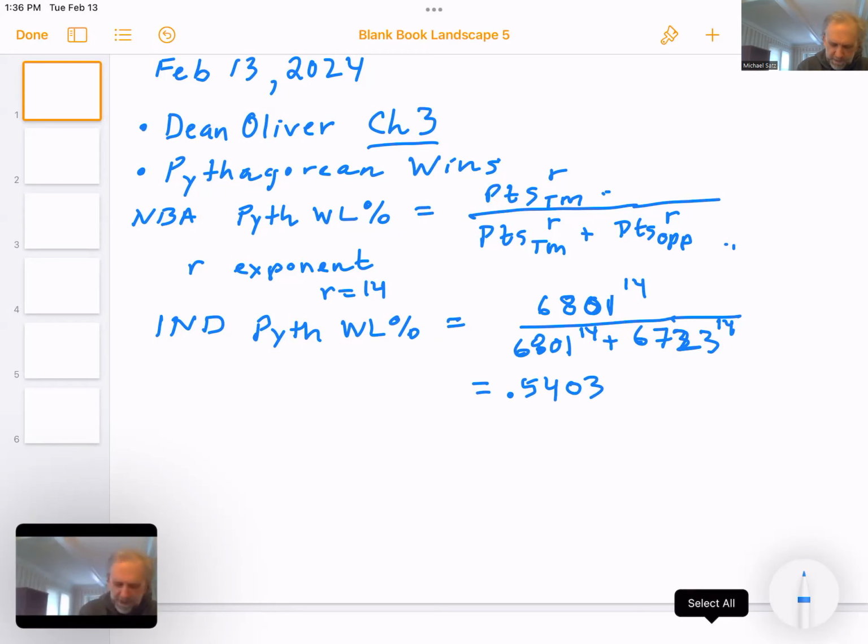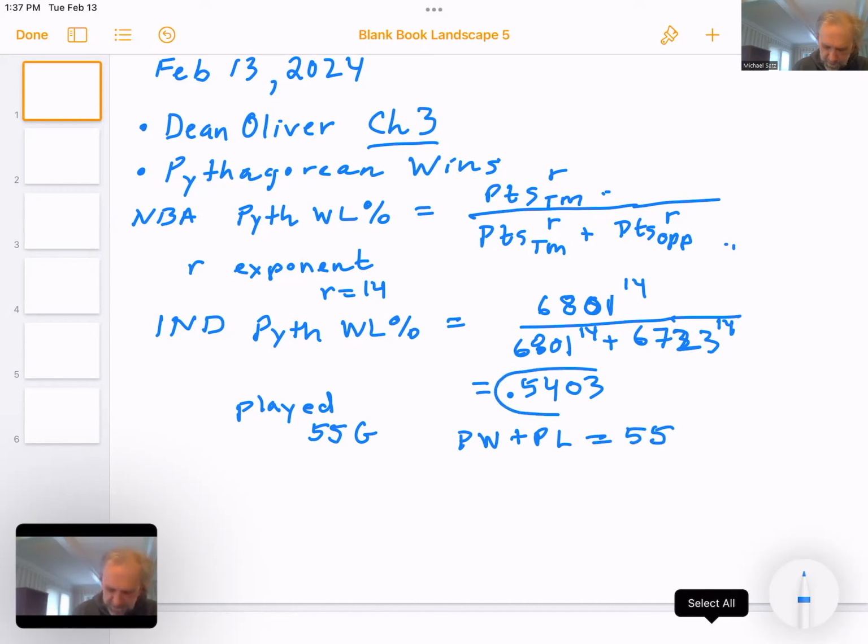Okay, they played 55 games. So their Pythagorean wins and Pythagorean losses must sum up to 55. So this is the constraint. This should equal 55. And I just take this times 55 to get the number of wins, right?